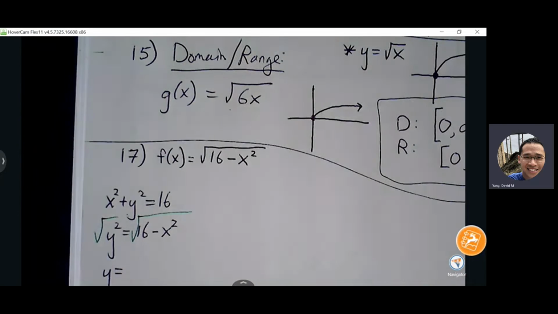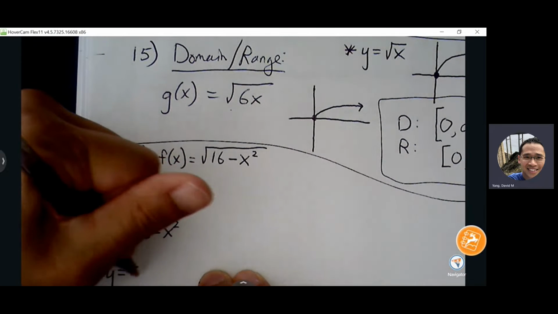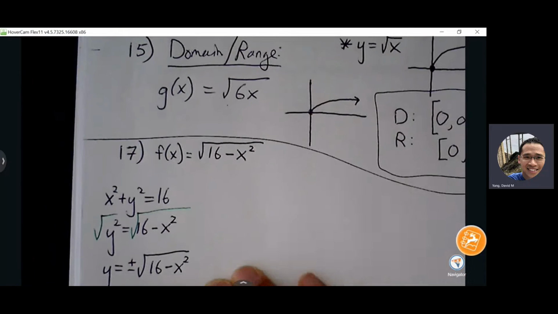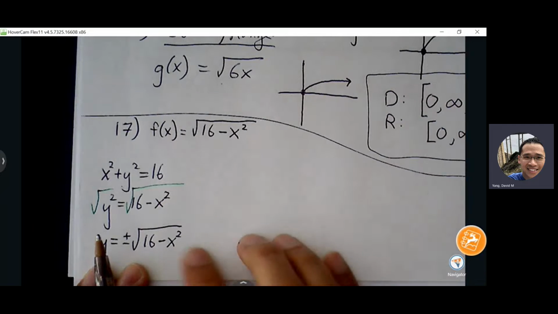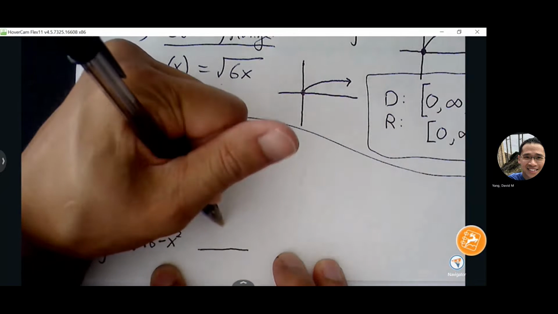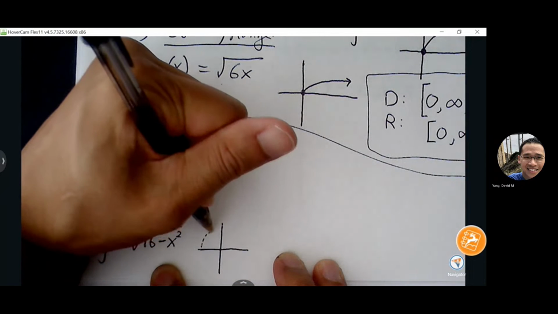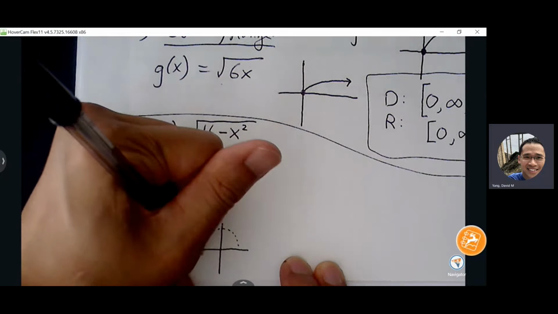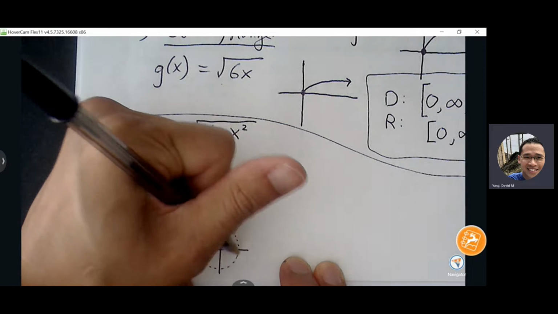Plus or minus shows up. Plus or minus the square root of 16 minus x squared. It's still a circle, but the positive square root is going to do the job of the upper half circle, and the negative square root is going to do the job of filling in the bottom portion of the circle.